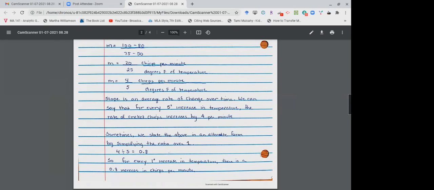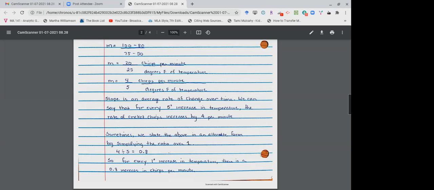So when the temperature increases by 25 degrees Fahrenheit, crickets chirp 20 times more per minute. Or if I reduce that, for every 5-degree change in temperature, 4 chirps per minute are added. So slope is an average rate of change over time.